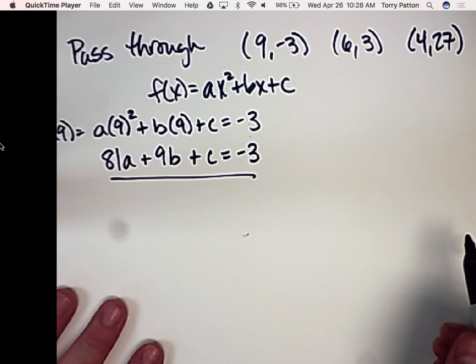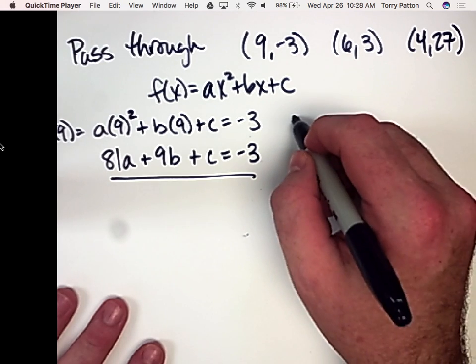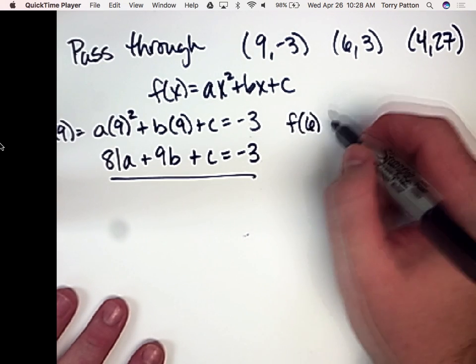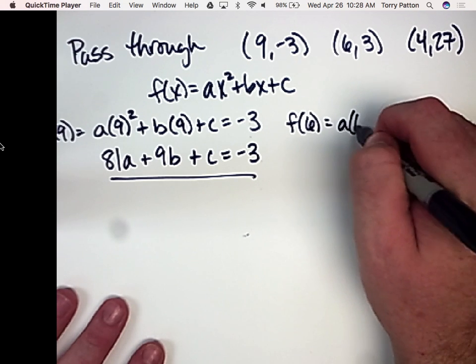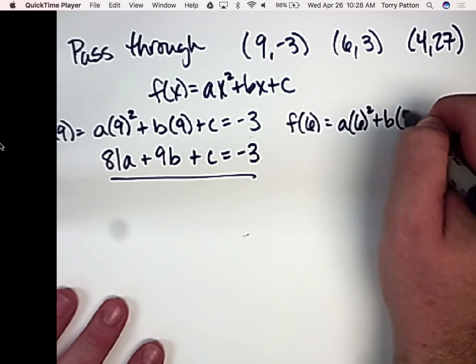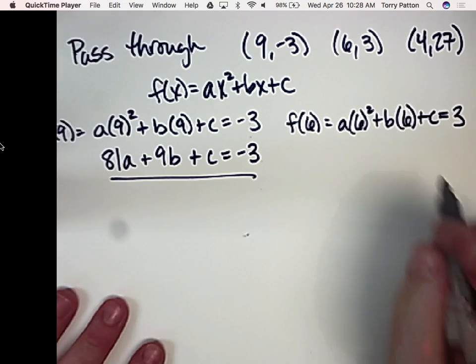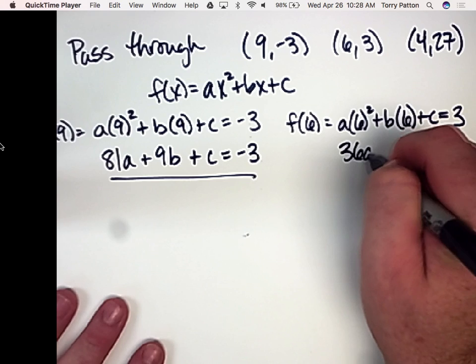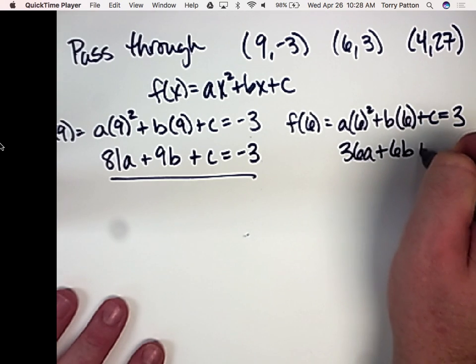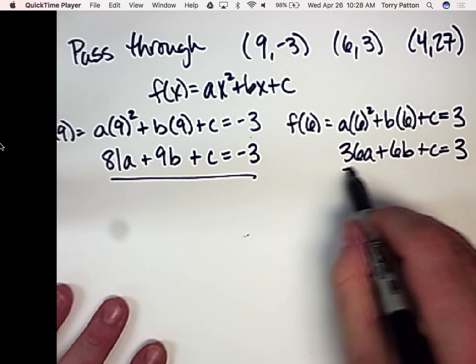The next one, f of 6, which is a times 6 squared plus b times 6 plus c has to equal 3. So that's 36a plus 6b plus c equals 3. That's our second equation.